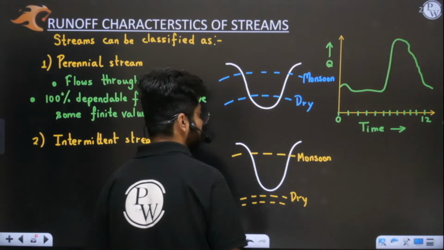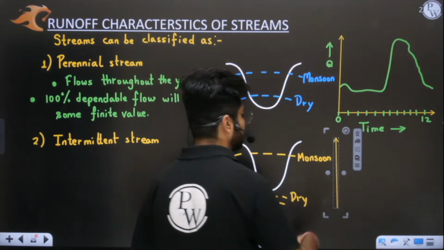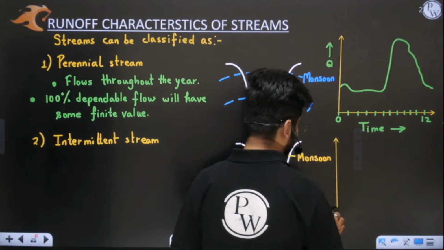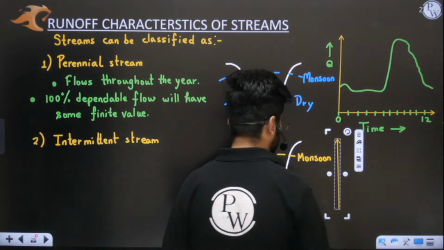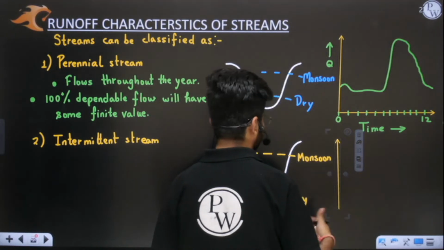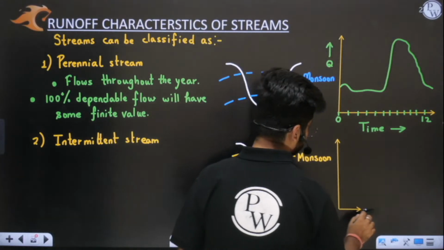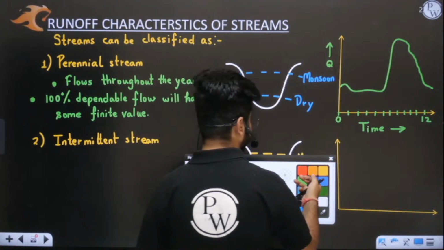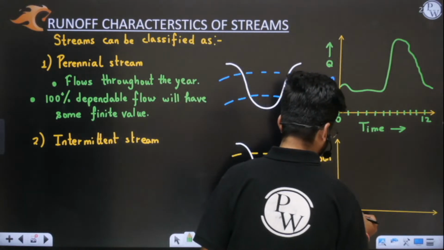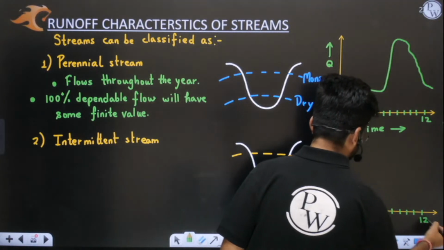If I show you this with the help of a graph, this is the hydrograph which I am going to draw here. In this hydrograph I will show you how much discharge you will get. Here we have time, from 0 to 12, like this we have some months.